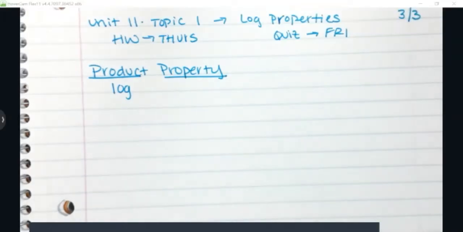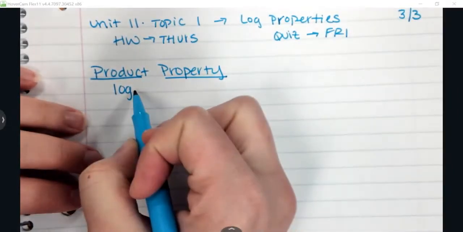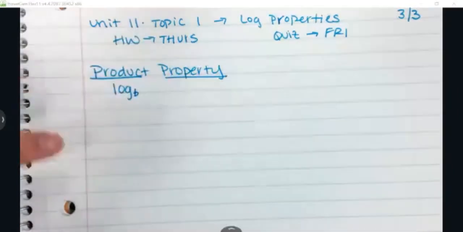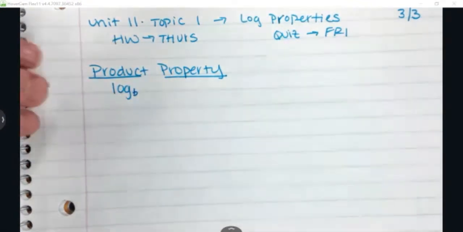Unit 11, topic 1, log properties. So we have the product property, okay? Product is when I'm multiplying things together. So I have log b. What does the little b stand for? The base. If I don't have a base, what is my base automatically? 10. Very good.